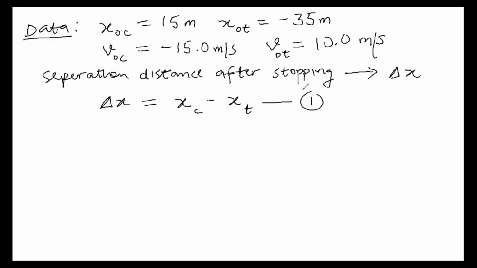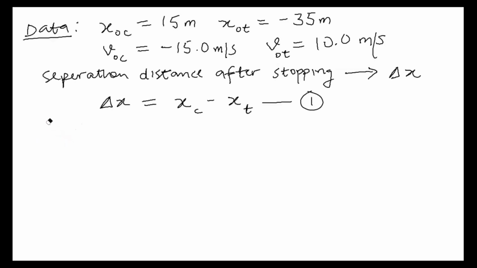Let me try to number it. I say that is my equation 1. Now, from what we had discussed, I can find the distance that the truck has covered when stopping. Sorry, I think I have to rub this.